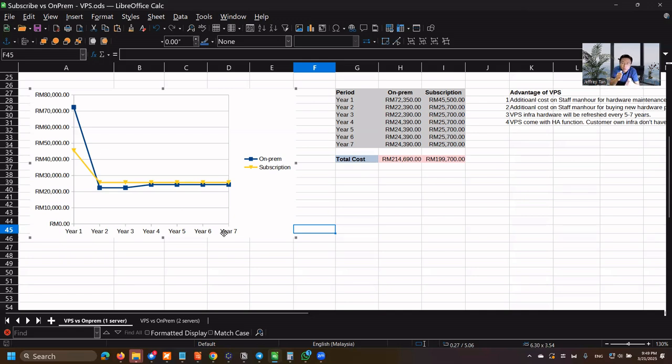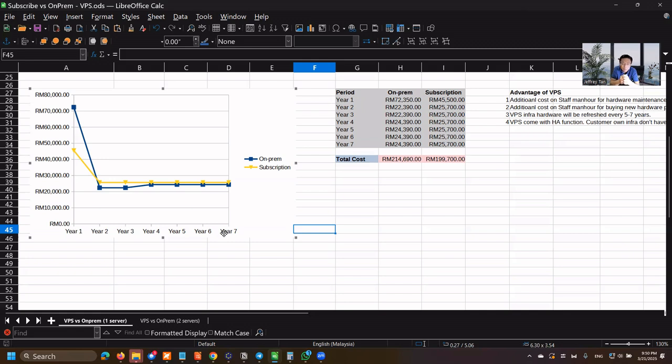At 7 years, you will see that the server is aging, getting older. Then you see many software will require newer hardware or more computing power. Then it's time for you to buy a new server again. So we call it a life cycle. The lifetime of a hardware server is about 7 years.